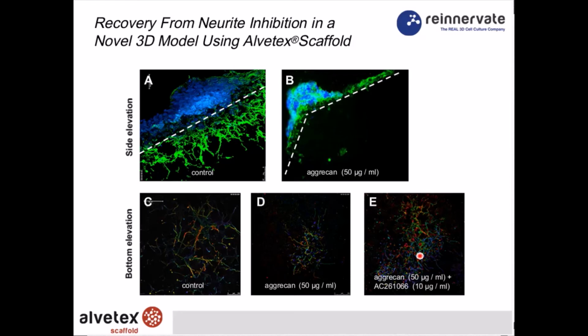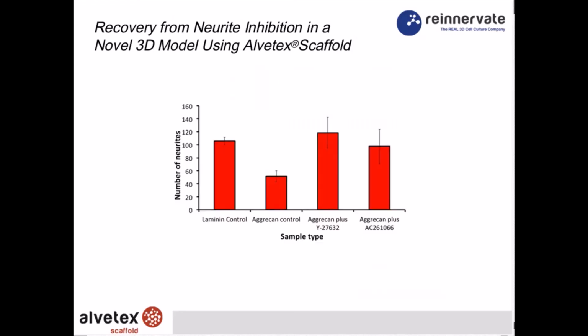And we can quantify this using a basic digital analysis package, and we can see in the control, aggrecan here, suppression, aggrecan plus the retinoid here, you get recovery, but also with the ROCK inhibitor, we get recovery. So it's a nice example of how you can begin to grow your cells in a three-dimensional system and also study the role of important molecules involved, in this case, in glial scar.